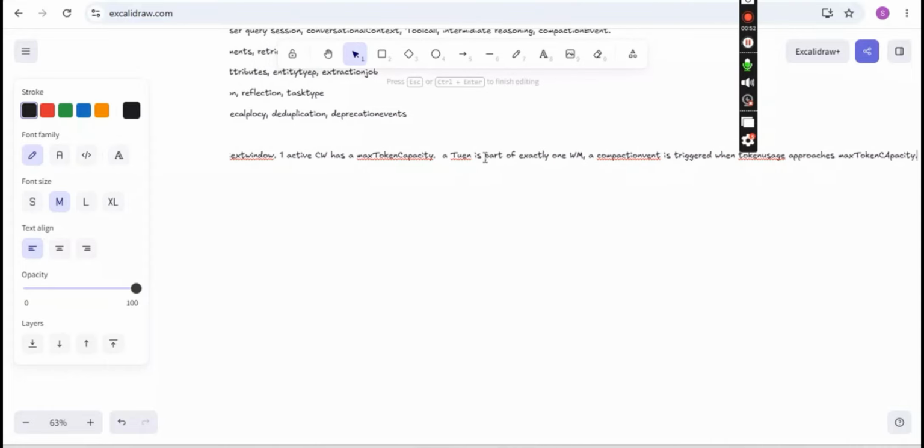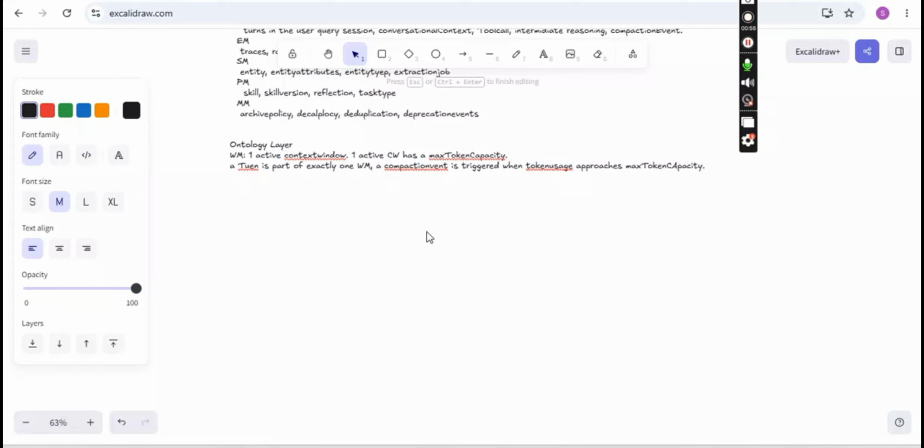So what you understood from here? Compaction event comes under meta memory. Okay, so a turn is part of exactly one working memory.